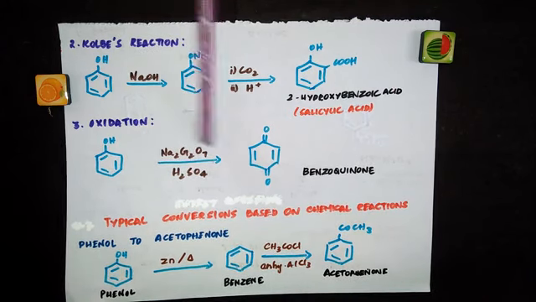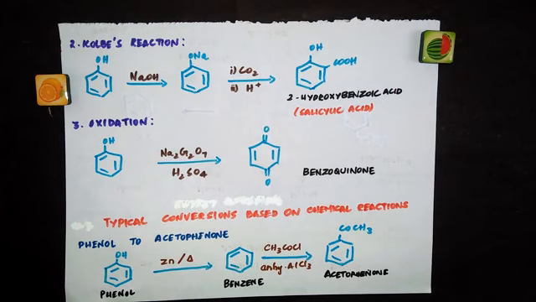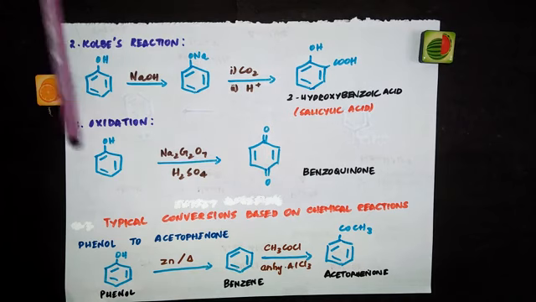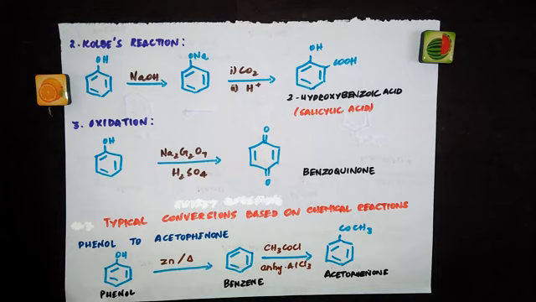Acidified sodium dichromate. So we have learned all the chemical reactions possibly shown by phenol, and the questions will be like conversions or complete the reactions. They might ask you how will you convert phenol into benzoquinone, or what will happen if phenol is treated with sodium hydroxide, or write the equations in Kolb's reaction or in Reimer-Tiemann reaction.